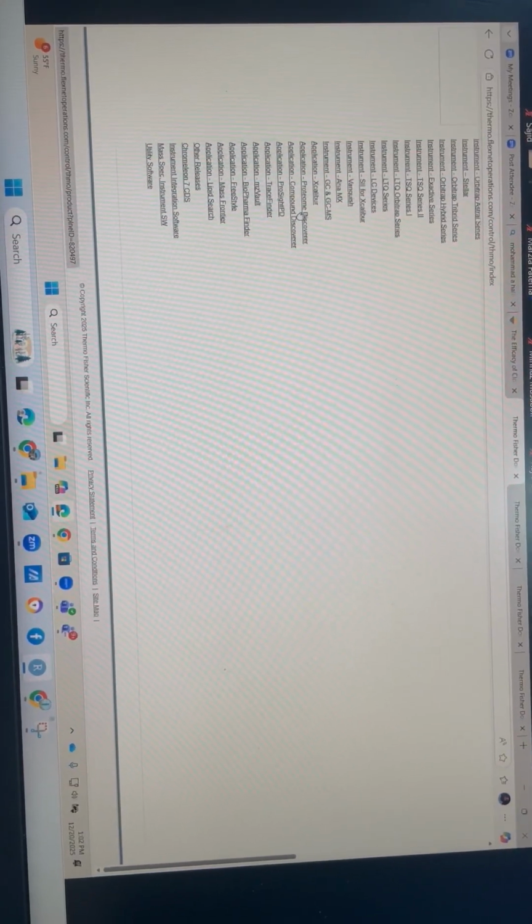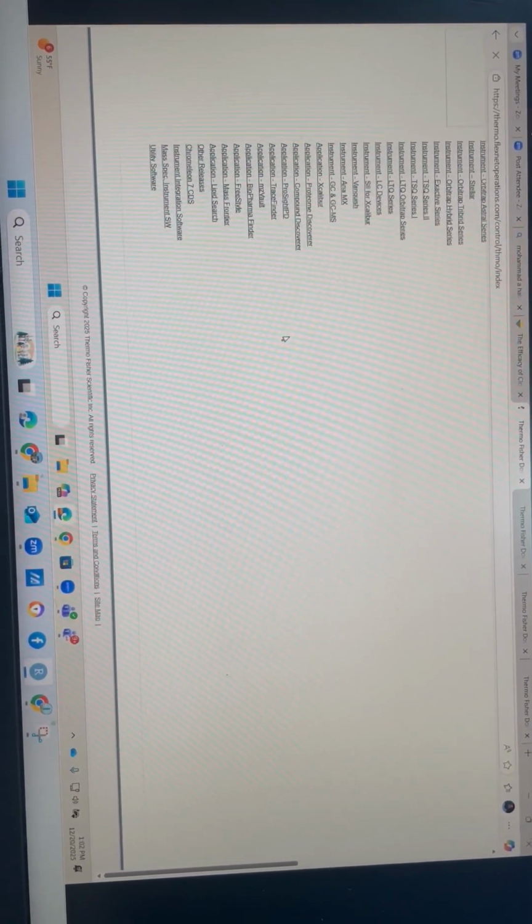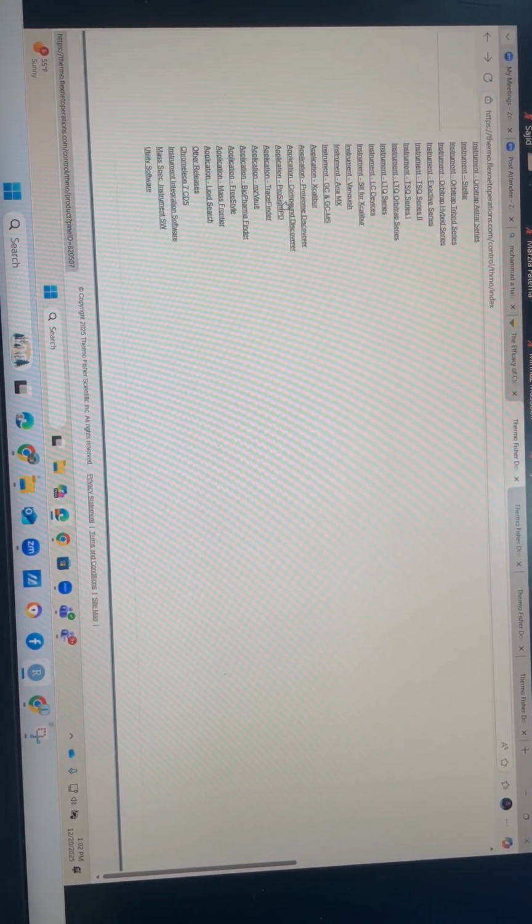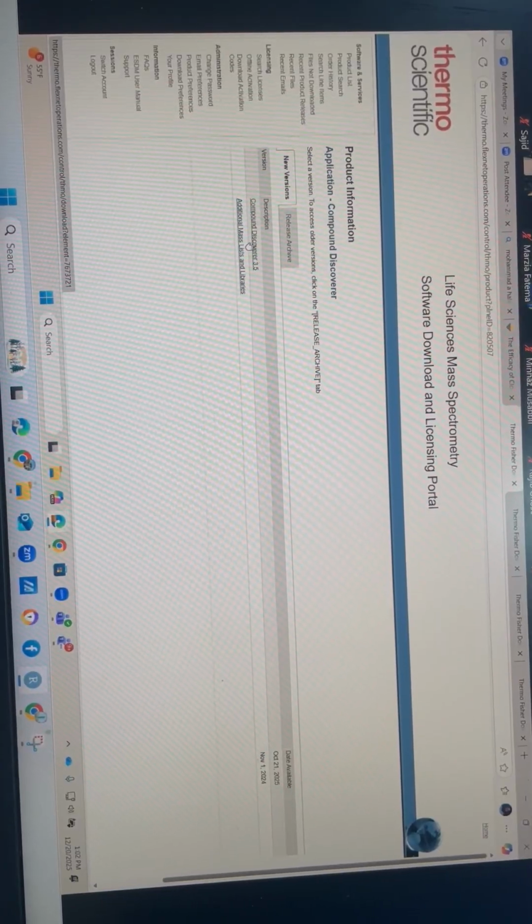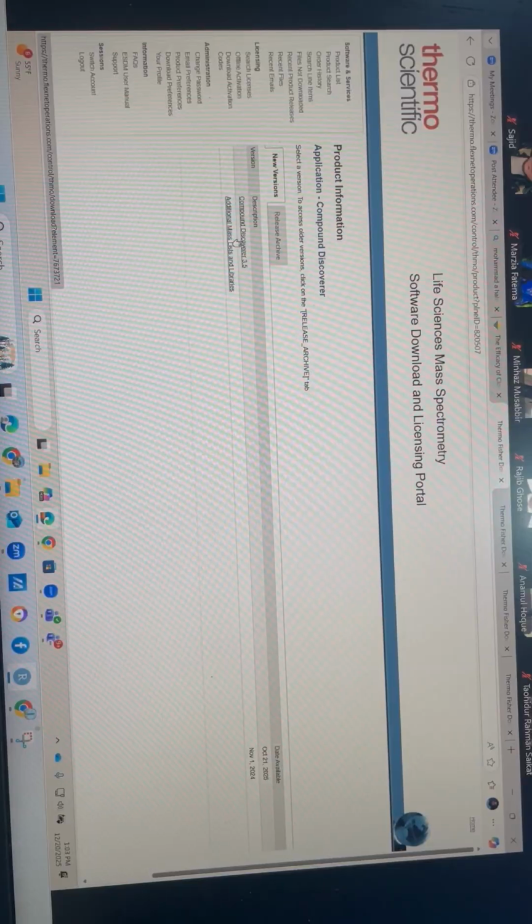Very important. One is Proteome Discoverer, which we'll be using for proteomics data analysis, and then Compound Discoverer that we'll be using for metabolomics, lipidomics, or any small molecules, okay? So that we'll be mostly using on the third day.